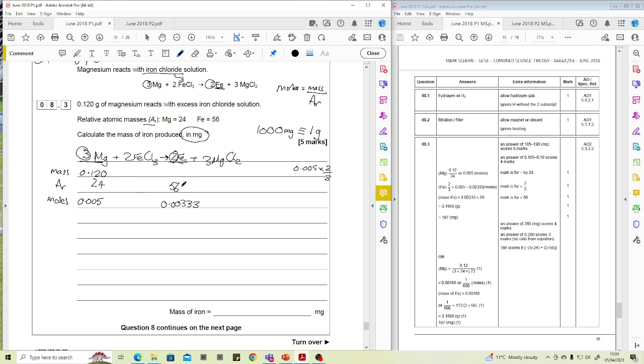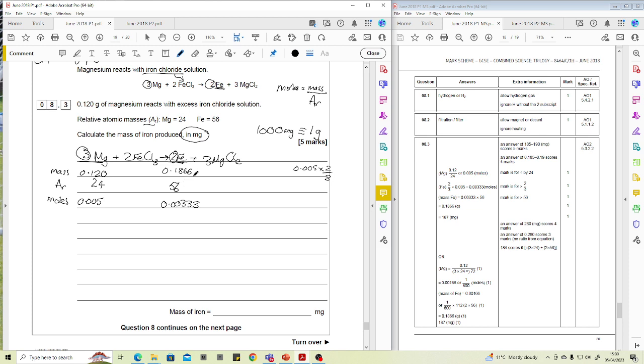Then mass equals moles times AR, so 56 times 0.00333, that's in grams, we've got 0.1866.